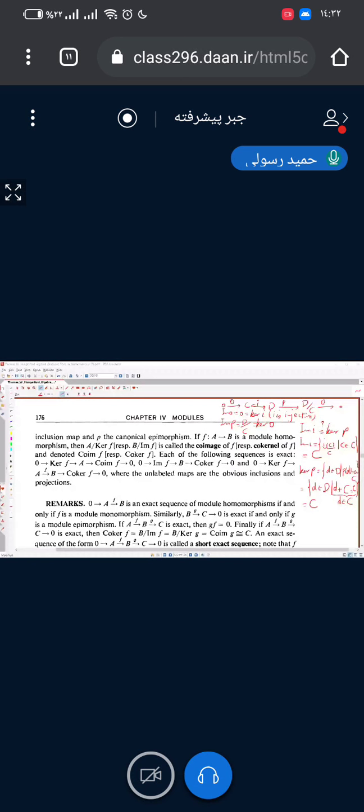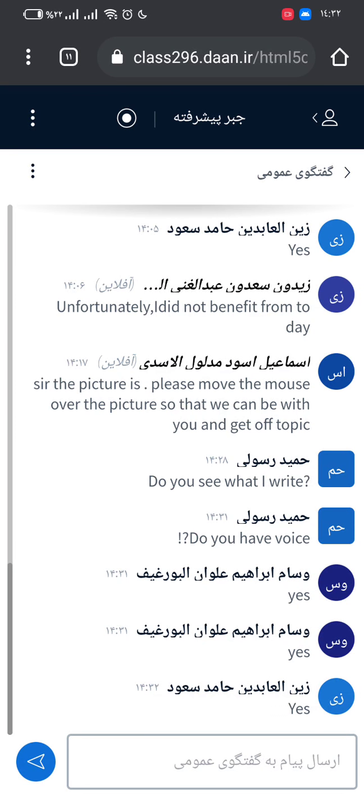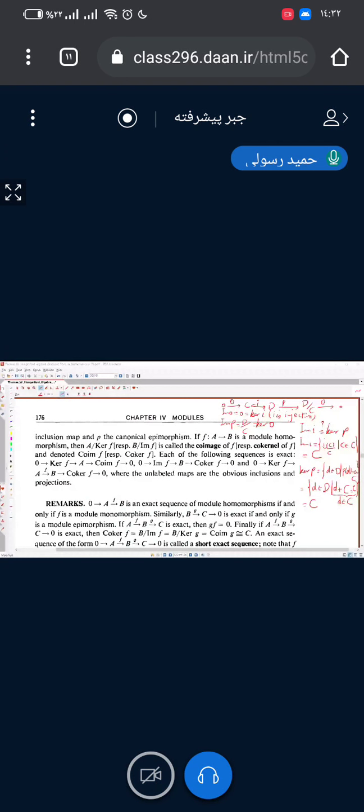We have 0 to the kernel of F. The kernel of F is a submodule of A. This is the injection L. Then A to the co-image of F, which is A on the kernel of F. This is the projection map. And at last we have 0.